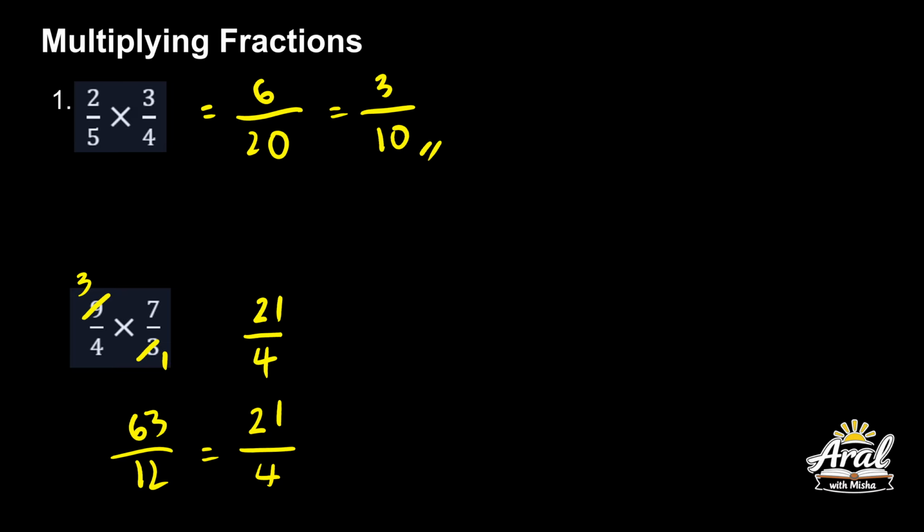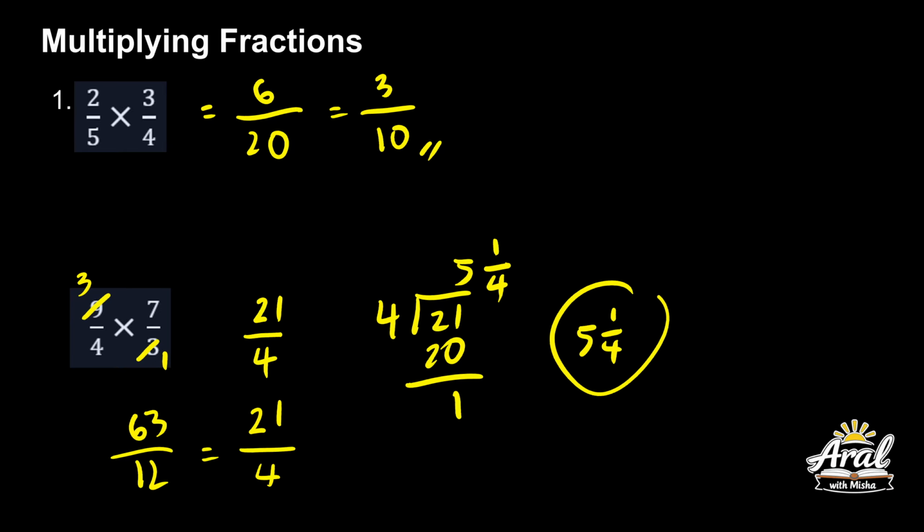So, pareho lang, same lang. So, 21 over 4, improper siya. So, you gotta make it proper fraction. 21 divided by 4, 20, remainder 1. Kapag may remainder 1, wag mo na siyang gawing decimal na mag-add ka ng 0 dyan. Ibig sabihin, 5 and 1/4. Remainder 1, over 4. So this is your answer, 5 and 1/4. Right? 5 and 1/4.